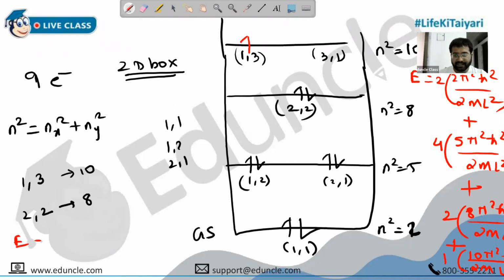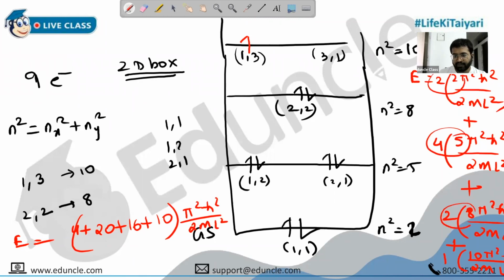So what is the total right now? 2 2s are 4 plus 4 5s are 20 plus 2 8s are 16 plus 1 10 is 10, into pi square h square upon 2 m l square. So 16 plus 10 is 26, 26 plus 20 is 46, 46 plus 4 is 50. We have got 50 pi square h square upon 2 m l square.